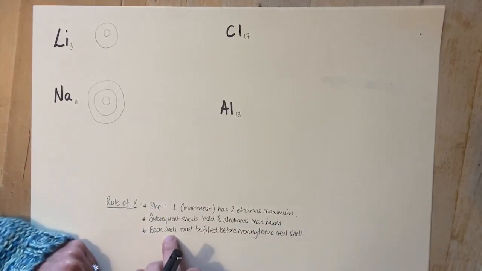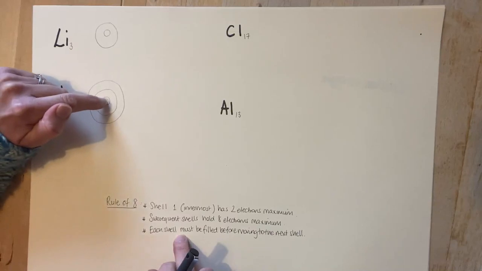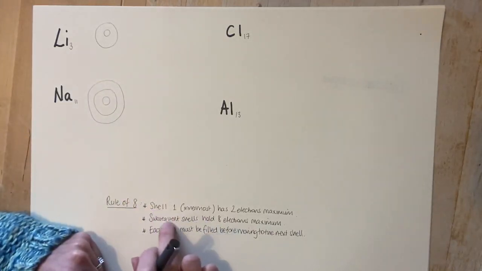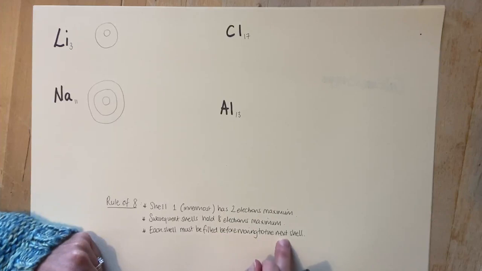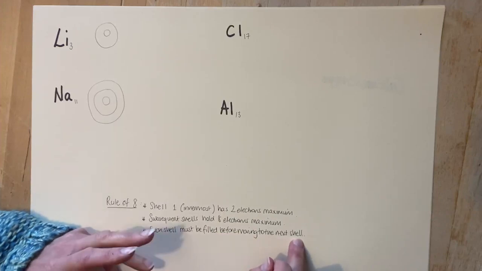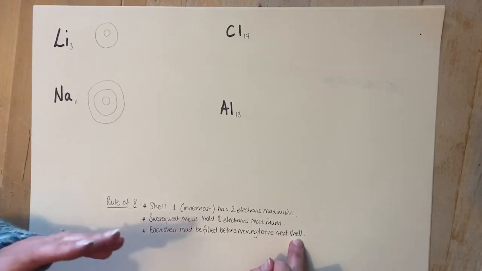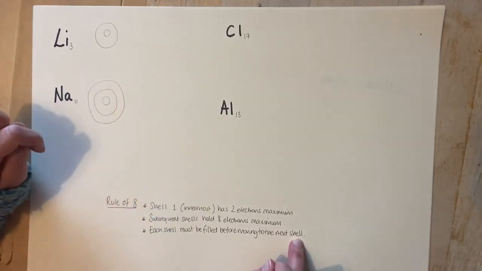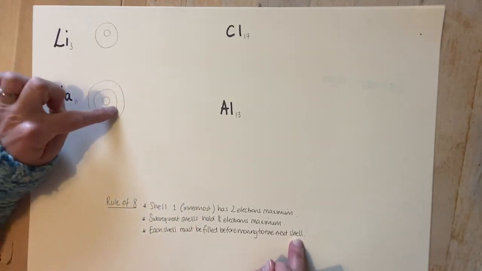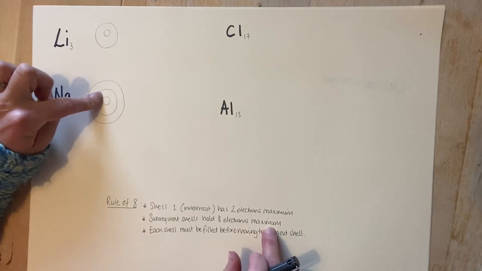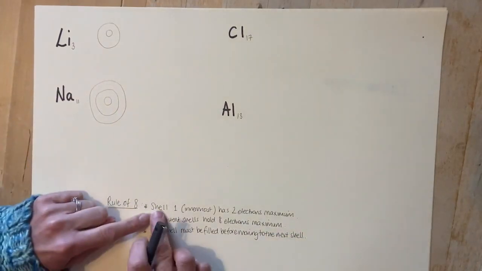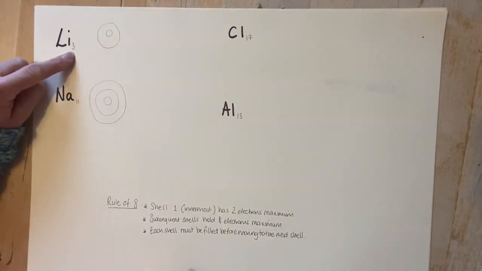And each shell, starting from the middle outwards, must be completely filled following these rules before you move to the next shell. Just like in games where you have to complete each level before you move on to the next, in filling electron shells you need to complete each shell to its full capacity before moving to the next one.